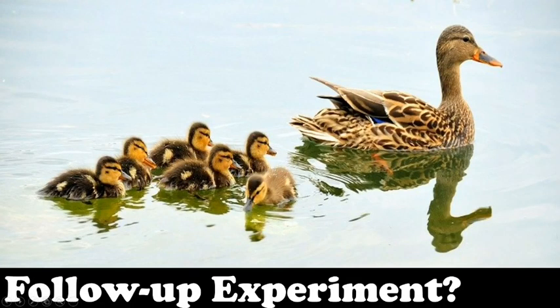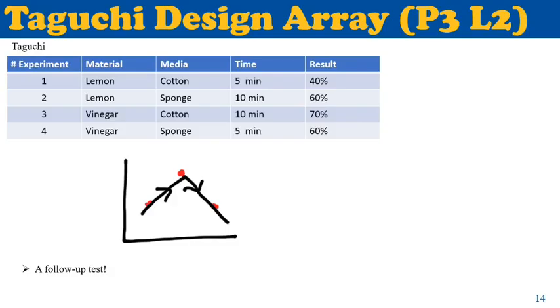You can also have a follow-up experiment in some cases. In this case we don't have to, but what would a follow-up test look like? You might want to run a follow-up test if you have a lot of parameters and a lot of variables. If you have, for example, one parameter, material, with 3 levels, going from level 1 to level 2 to level 3, you have a maximum.